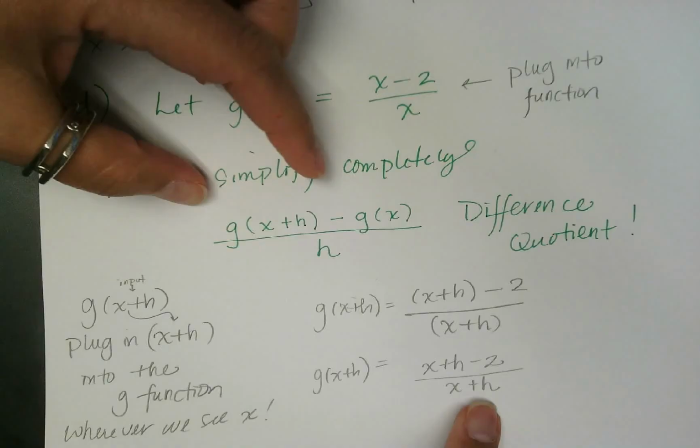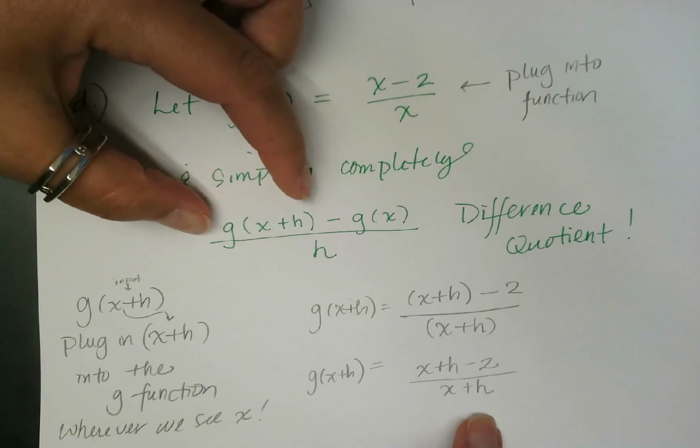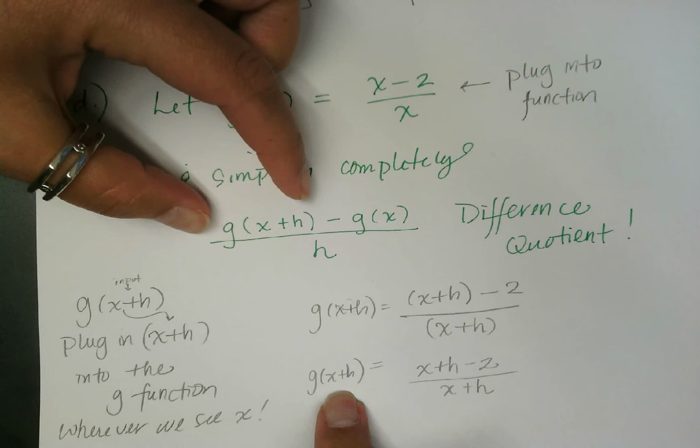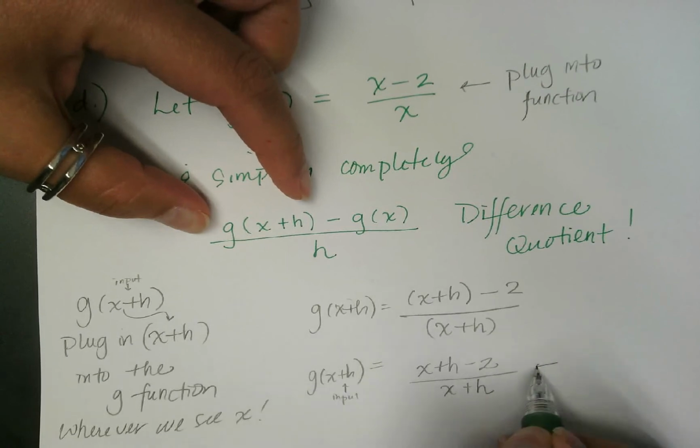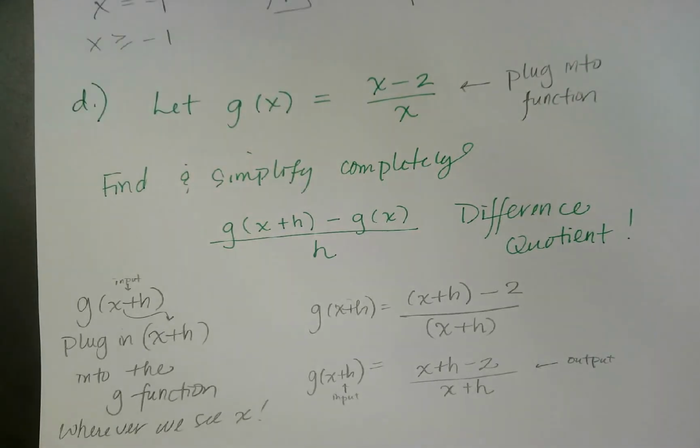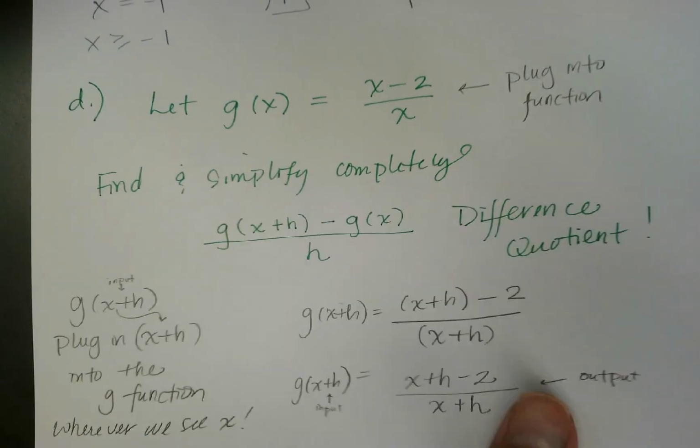That's the first piece, the first output. This is my input, x plus h. This is my output. Normally our outputs are numbers, like 5 and 3 and negative 1. It's that crap. Alright, that's the first piece.